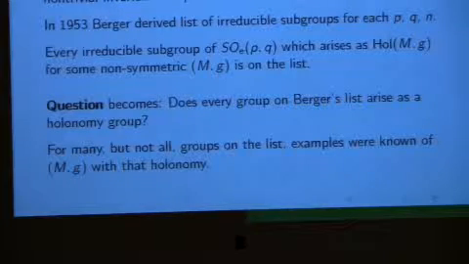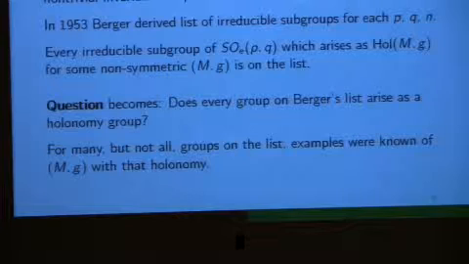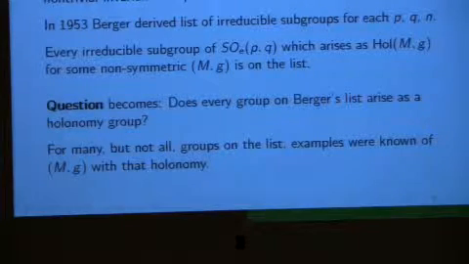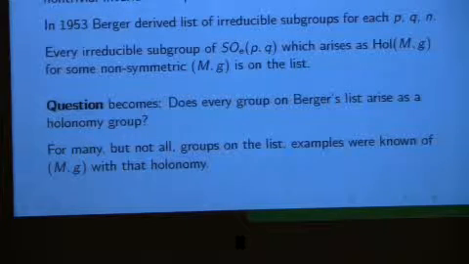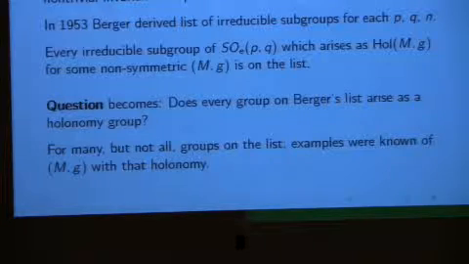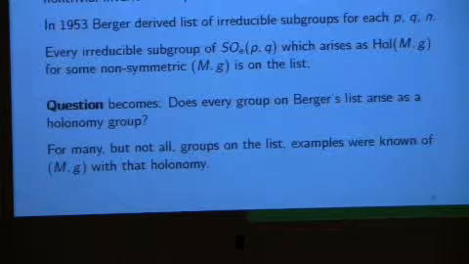So one of the things you notice when you start looking at this list, and I'm not going to write it down because it's full of things not relevant for what I'm going to need, is that of course in every signature and every dimension, the full identity component of the orthogonal group is on the list, because it's the generic thing. Almost all the other groups on this list only occur in even dimensions.